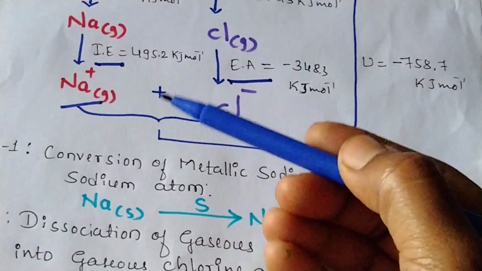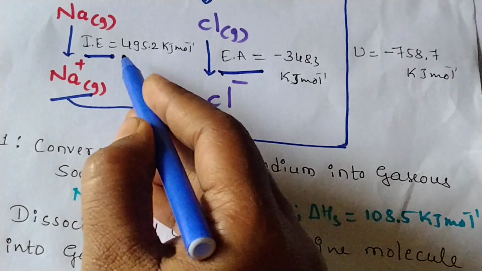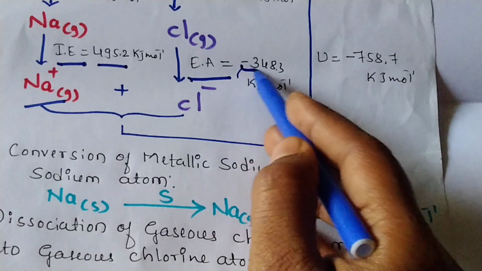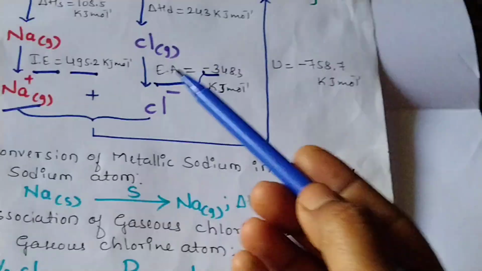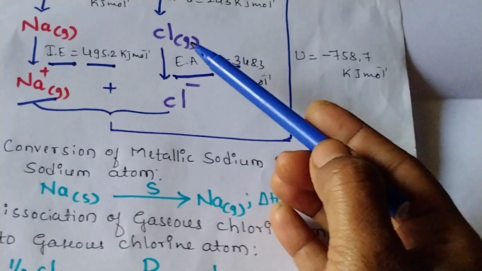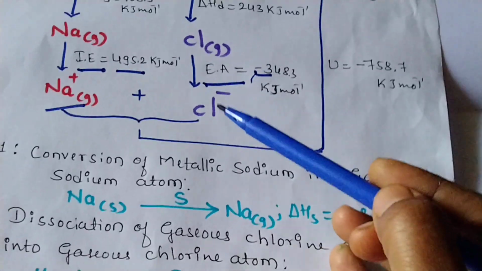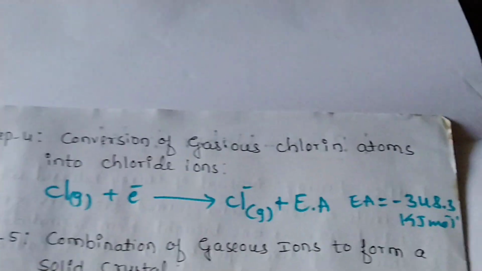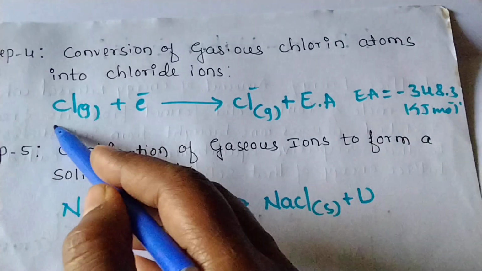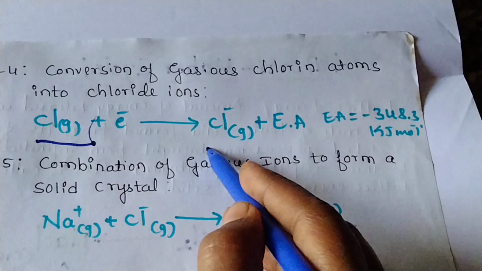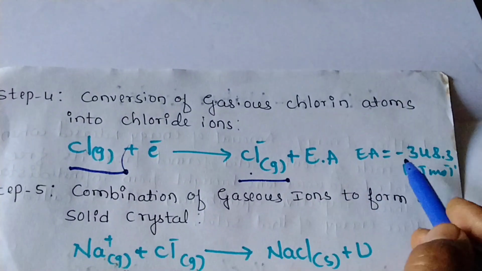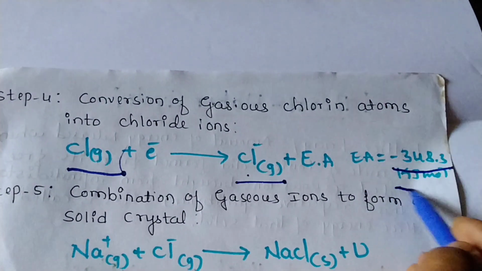Always, when energy is required, it is denoted by the plus sign, and when energy is released, it is denoted by a negative sign. So in the fourth step, the gaseous chlorine atom is converted into a chloride ion, and some amount of energy will be released, that is minus 342.3 kilojoule per mole.